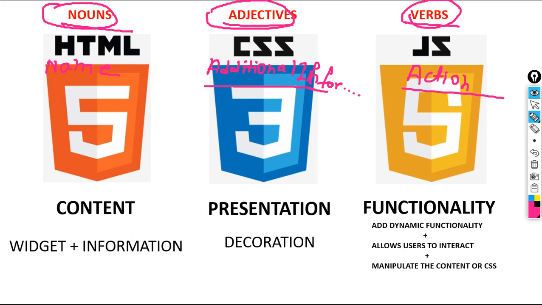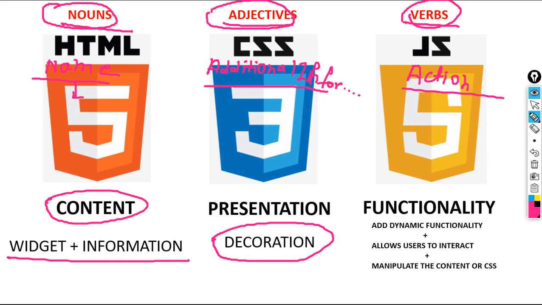And only the noun, the particular thing, will be displayed with the help of HTML. So HTML will display widgets plus information, nothing but content, and that content will be decorated with the help of CSS, and functionality to that HTML and CSS content will be provided with the help of JavaScript.